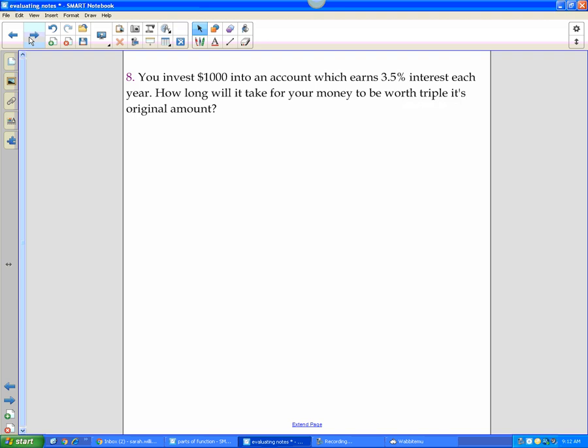Number 8, you invest $1,000 into an account which earns 3.5% interest each year. How long will it take for your money to be worth triple its original amount? All right. Shakira, what do you think I have to do first? Very good.